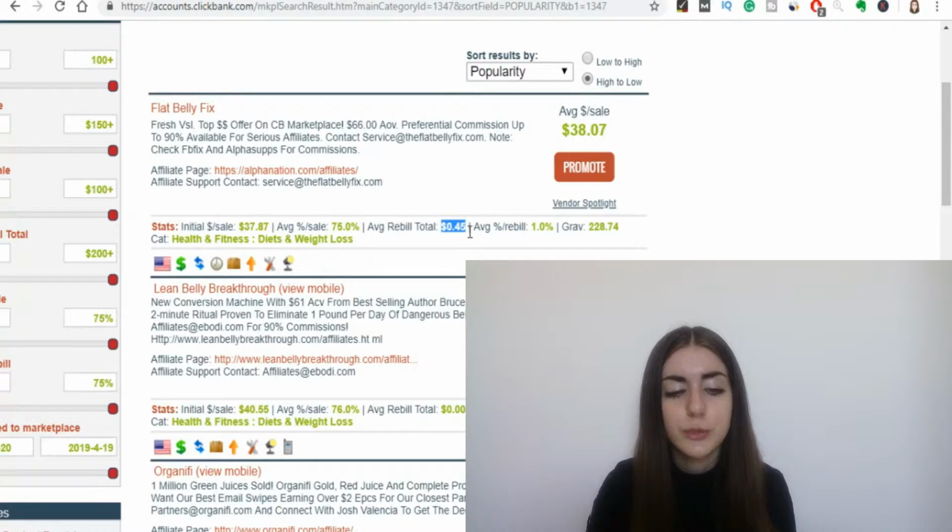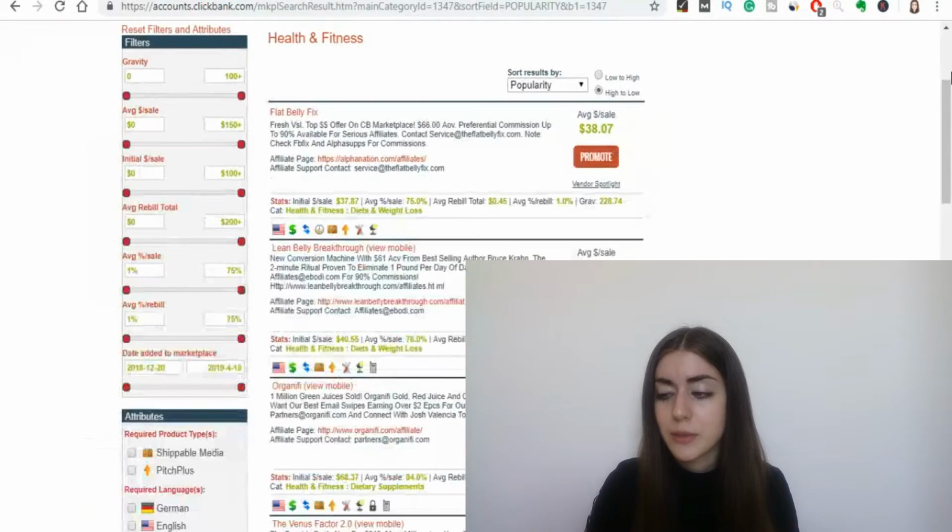Now, as you can see for this product, for Flat Belly Fix, average percentage rebill is 1%, which basically means there is no rebill component, right? You can see $0.45, and basically there is no rebilling component. So if you decide to promote Flat Belly Fix in this example, you would make on average $38.07, but that's basically it, okay? There is no recurring commissions. Now, for example, let's take a look at some other products.